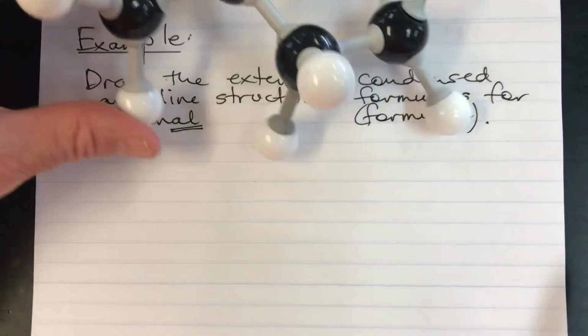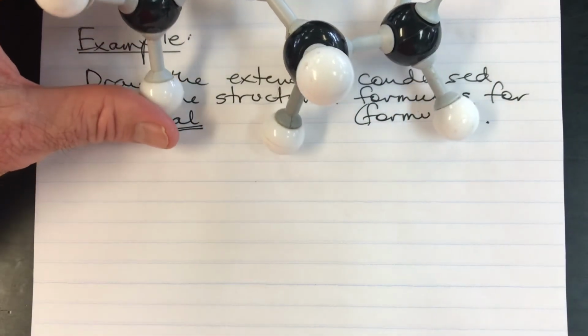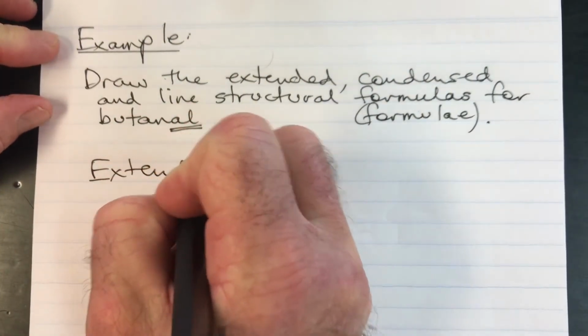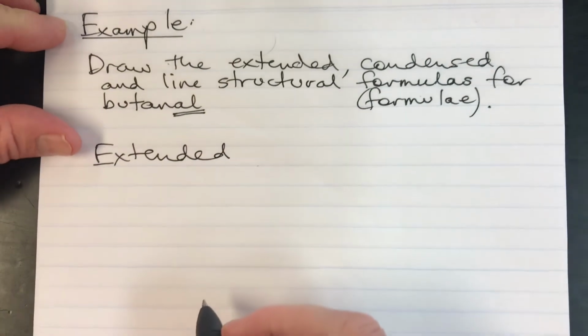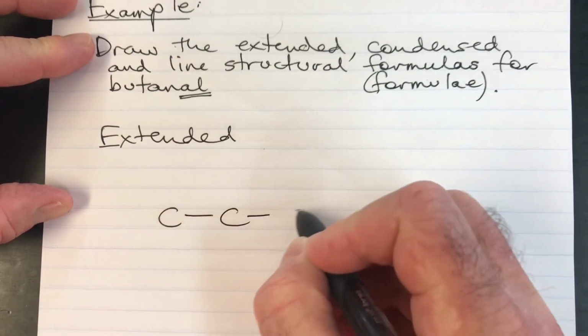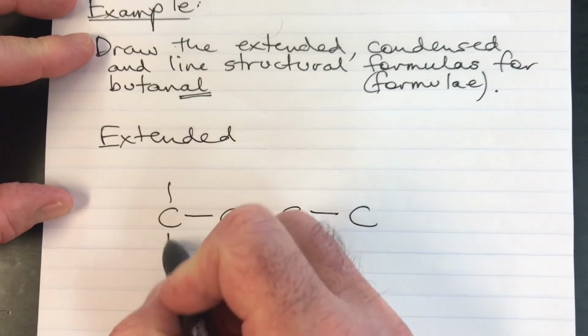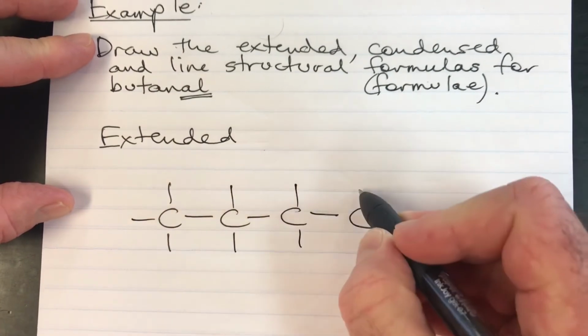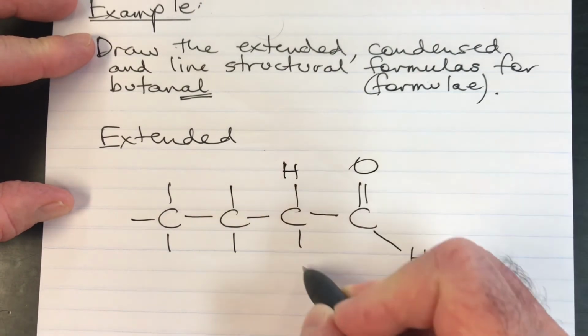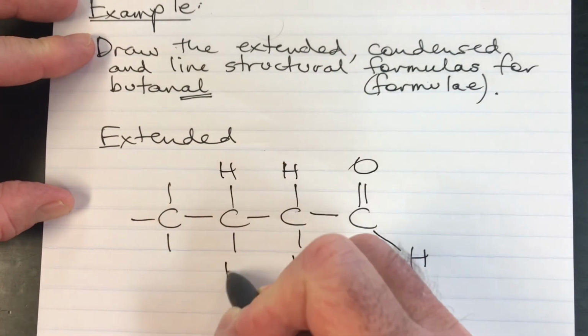Let's have a go at drawing first of all, the extended structural formula. You can start by drawing your main chain, adding all of your outside atoms.